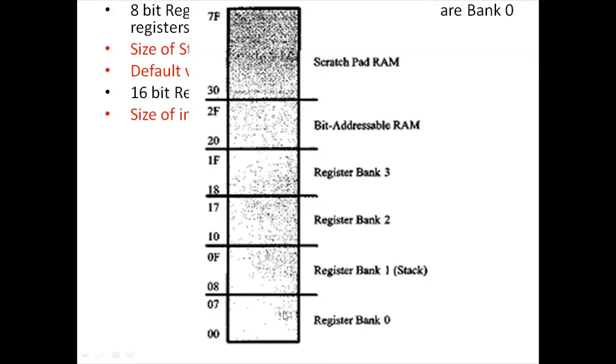One location has 8 bits, that is 1 byte. So when you access that one location, you are accessing all 8 bits, the entire byte. It is not possible that you are accessing only one bit of the location.